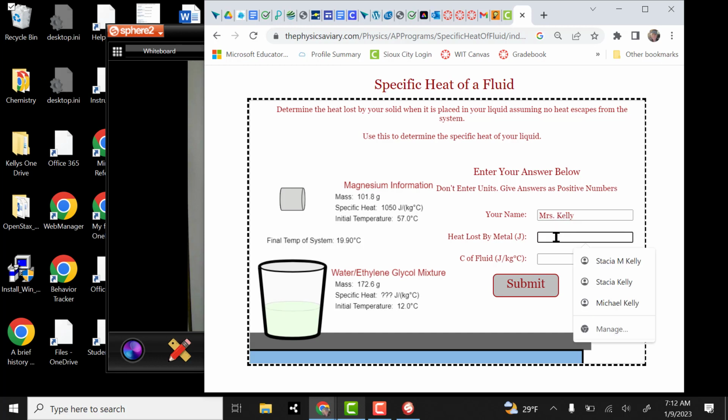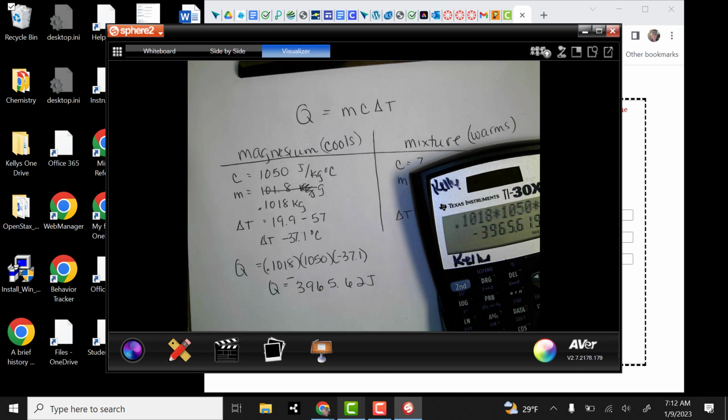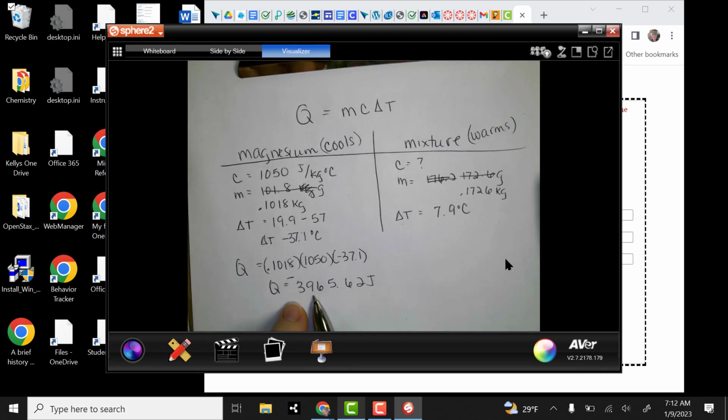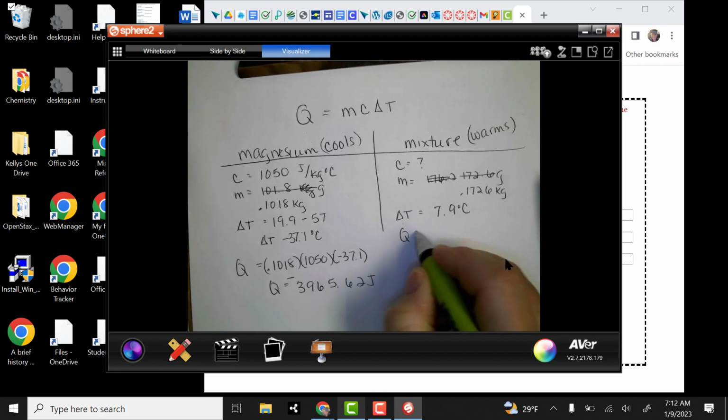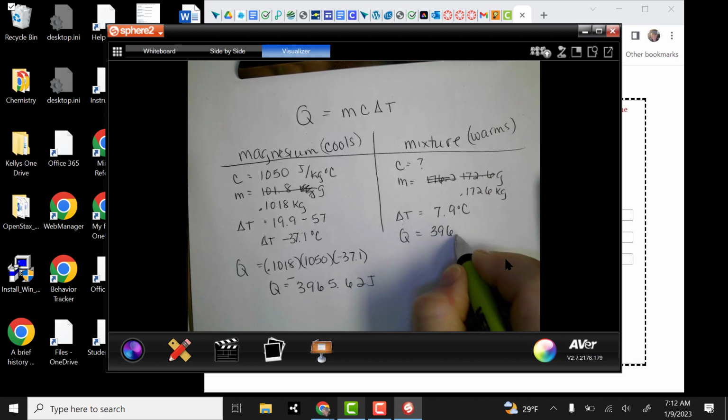It's 3965.62. But we're not done yet. Now we can use that information. If this is how much thermal energy the magnesium loses, then this is how much thermal energy our mixture is going to gain. So I'm going to put that as positive.